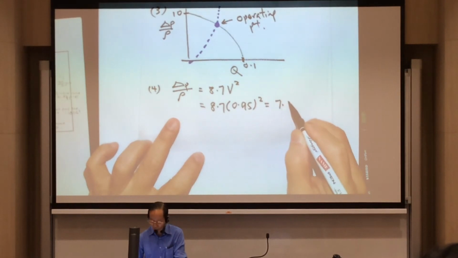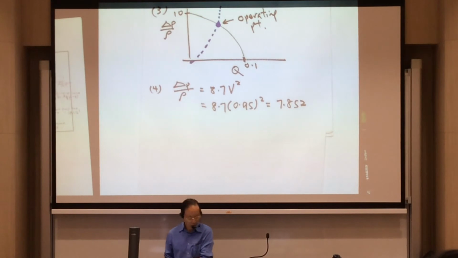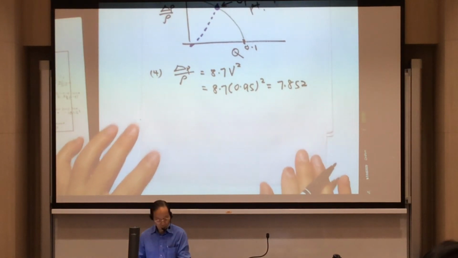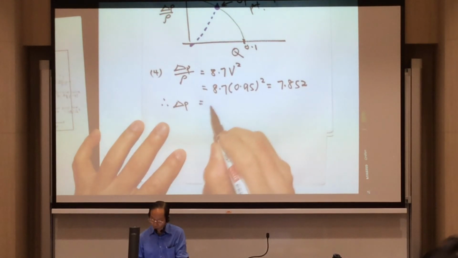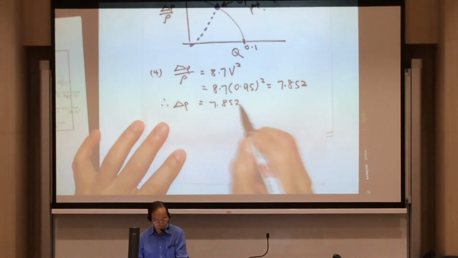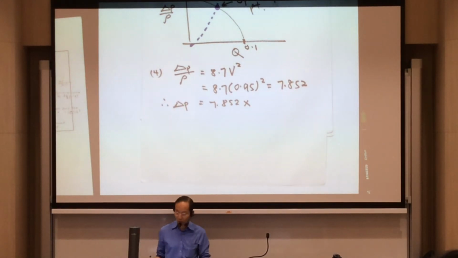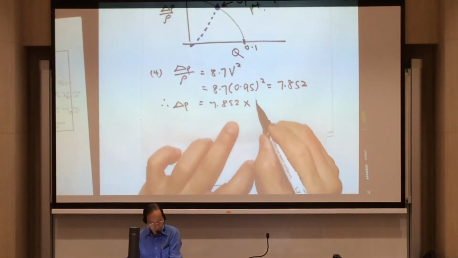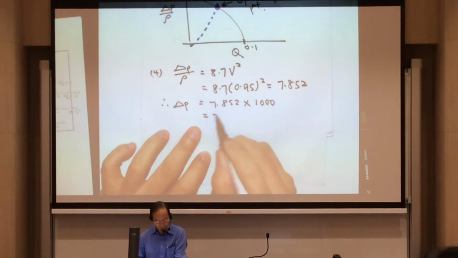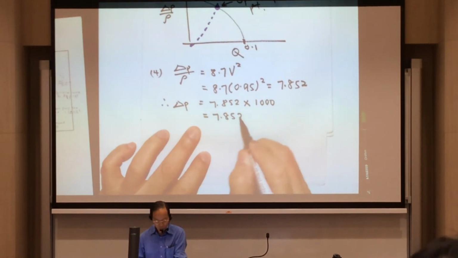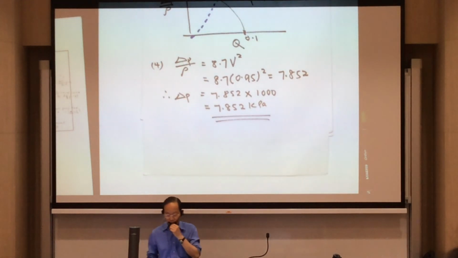So it's 7.852. That is the pressure head, the complete pressure drop. Therefore, pressure drop is equal to 7.852 times rho. What is rho? We're using water, so it's 1,000 kilogram per meter cube. That will give you 7.852 kilopascal. That's the pressure drop.